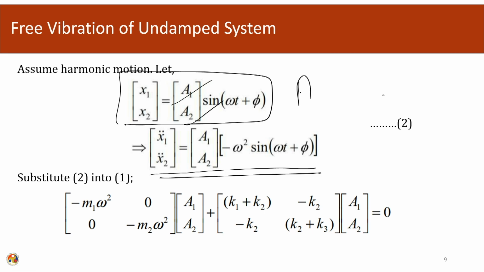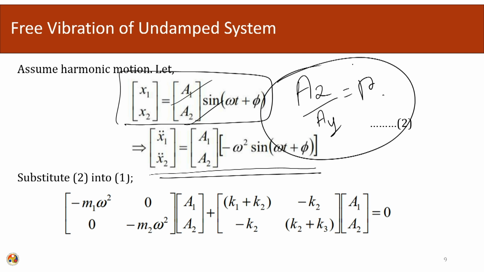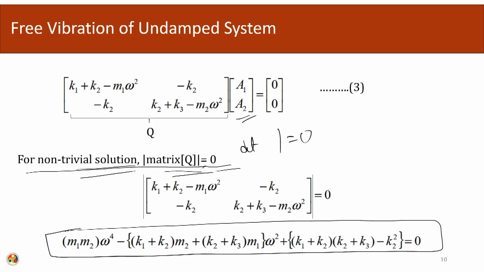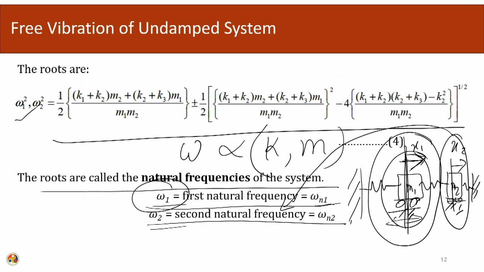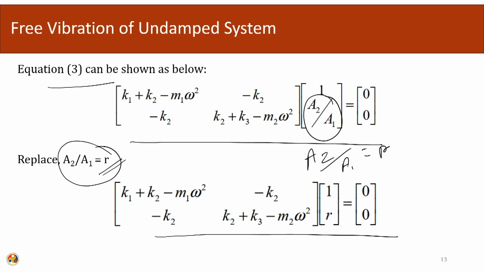Now we are depicting a2 over a1 as a ratio r, which is nothing but the ratio of the two amplitudes, and we are trying to find out what happens to the amplitudes. First of all we found the frequencies, and now we are looking into the amplitude. So, this is r.